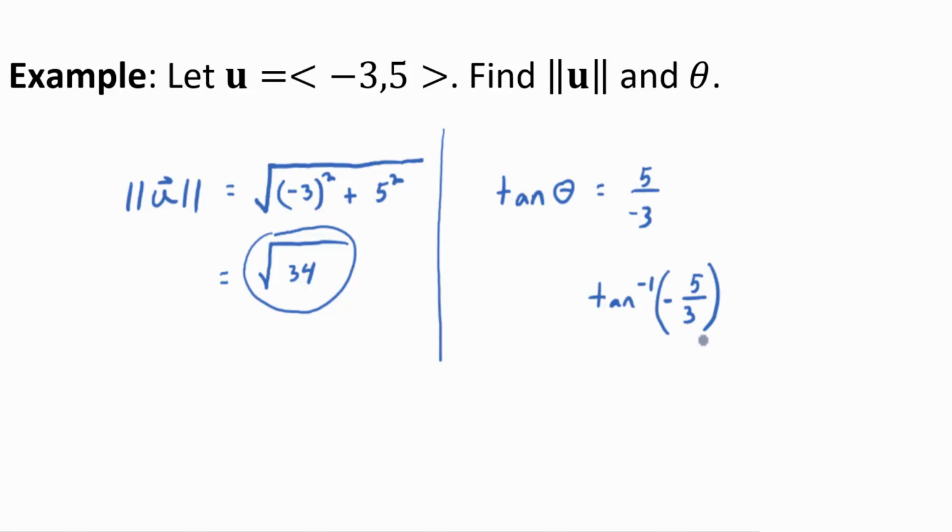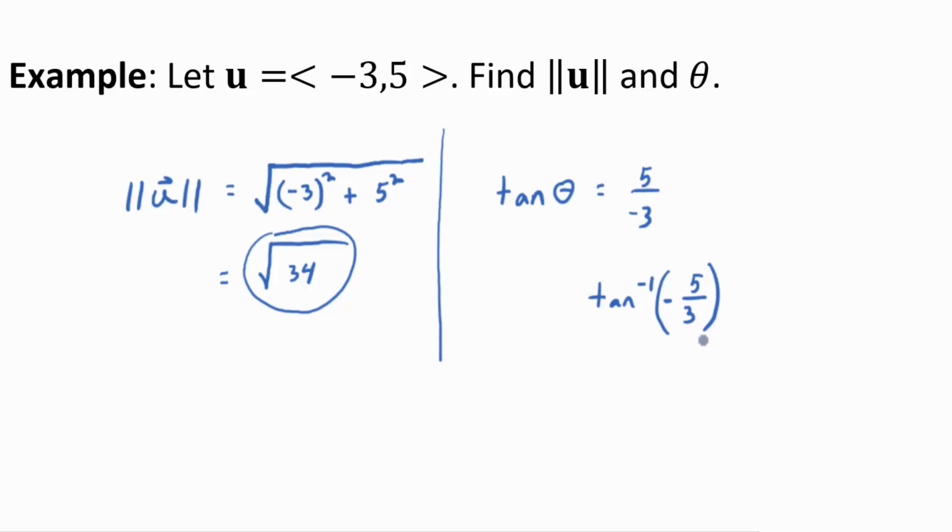So take the tangent inverse of negative 5/3, but before you actually hit enter, predict for me which quadrant that will be in, based on what you know about the tangent inverse. Which quadrant will the tangent inverse of negative 5/3 be in? It'll be in the fourth, because the tangent inverse is only defined in two quadrants, first and fourth. And when you take the tangent inverse of something negative, something in the fourth quadrant pops out, right?